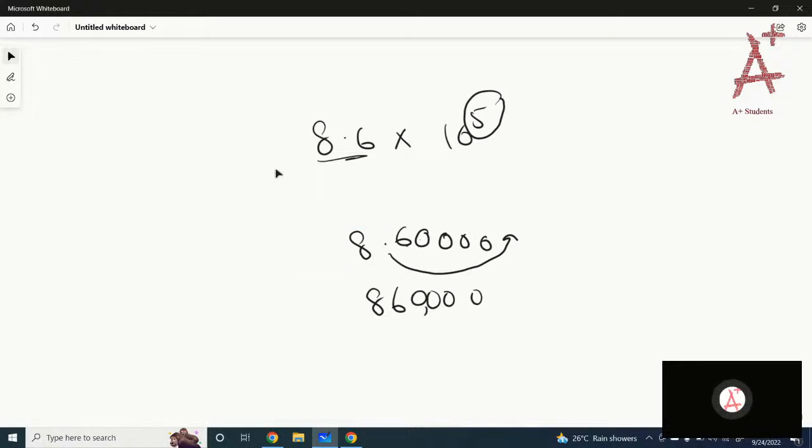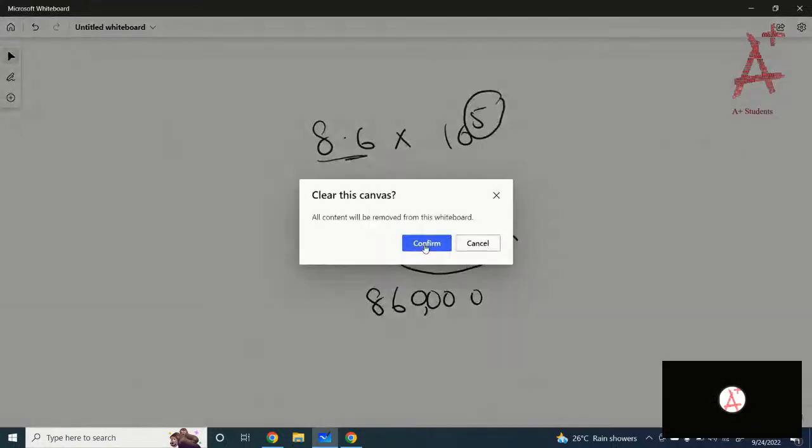Okay, the next one is how do you write 4.82 times 10 exponent 4 in standard form? So for the standard form, the exponent of 4 tells you how many decimal places you have to move right in this number.